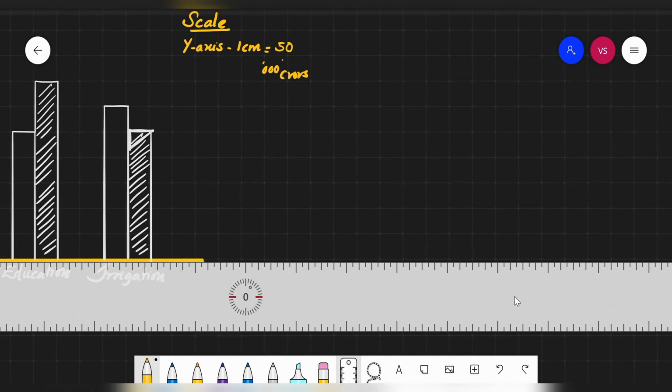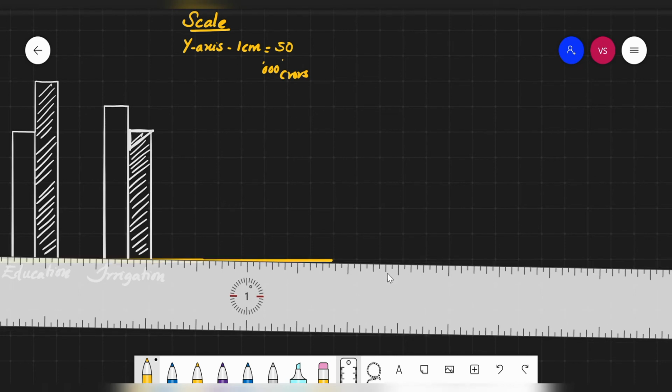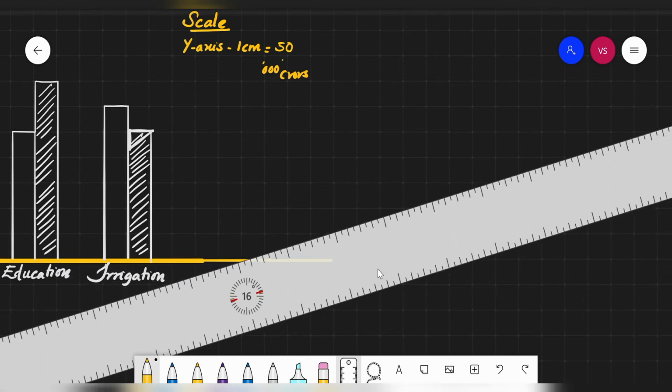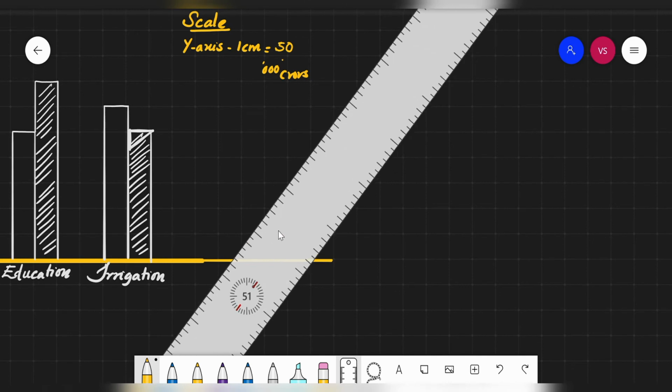So I'll increase it till here, with a thickened line, one more line on it. Right, fine. Now we will take the scale for the last one, that is for industry.